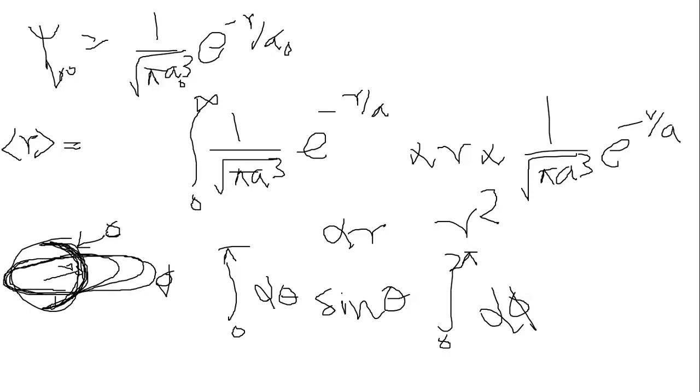So theta varies from 0 to pi, but phi varies from 0 to 2 pi. If you integrate it, we can get the value. So please do the integration and tell me what will be the expectation value of r in the ground state of hydrogen atom. I'll wait for a few minutes, then I will solve the integration.